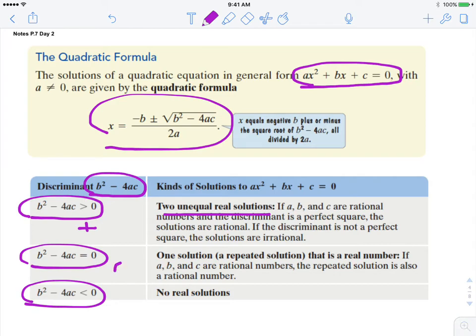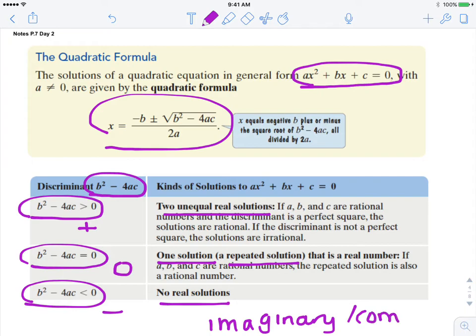If your discriminant equals 0, you'll have one solution or a repeated solution. If your discriminant is a negative, you'll have no real solutions, and instead you'll have imaginary or complex solutions, but no real solutions.